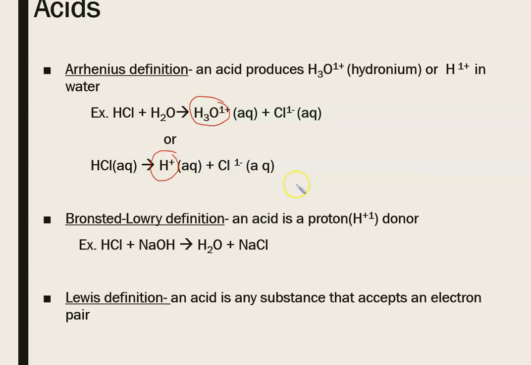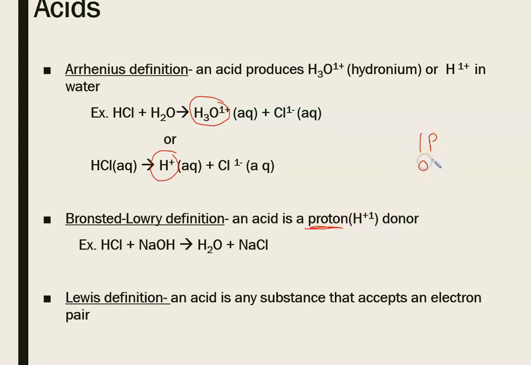Alright, Bronsted-Lowry is very similar in definition. It just doesn't really bring the water into play. It says an acid is anything that is going to donate a hydrogen ion. We say it's a proton donor. A proton, an H plus ion, is the same thing as a proton, because hydrogen has one proton.